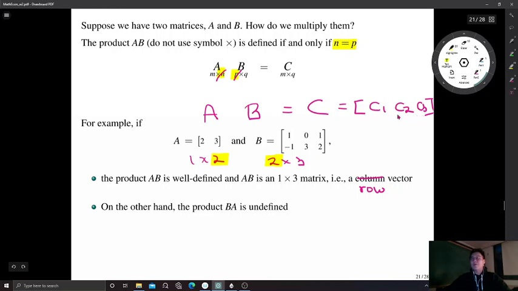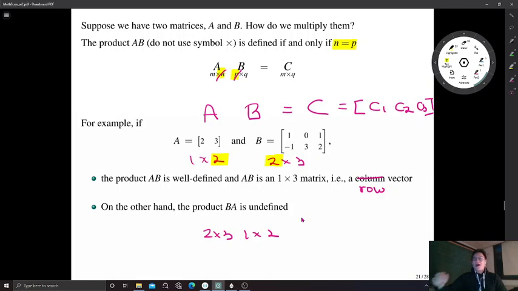But on the other hand, if we change the order and think about B times A, B has dimension 2 by 3, A has dimension 1 by 2. So now we try to compute this product. The 3 is different from 1. So BA is undefined.